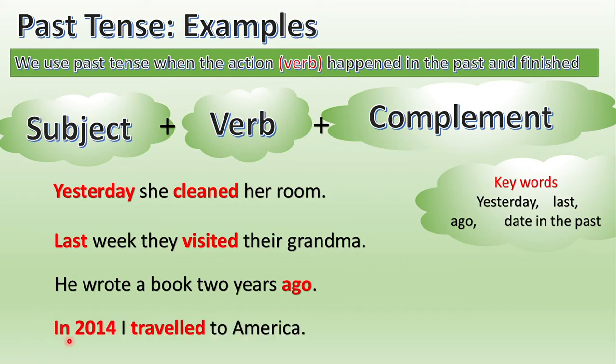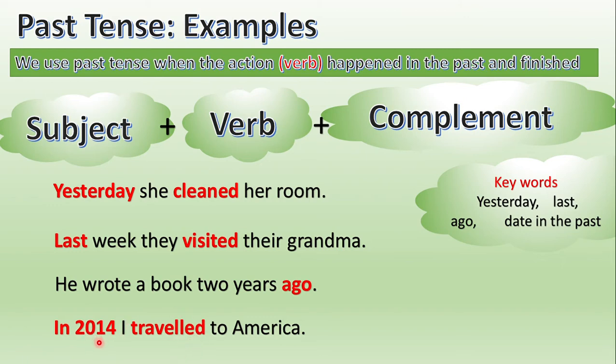Good. In 2014, what is this, my students? Very nice. It is a date in the past. It is a time in the past. 2014, happened and finished. The year finished. I traveled. Why do I say traveled, my students?